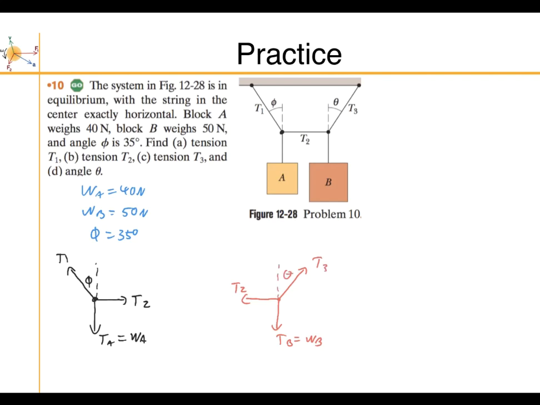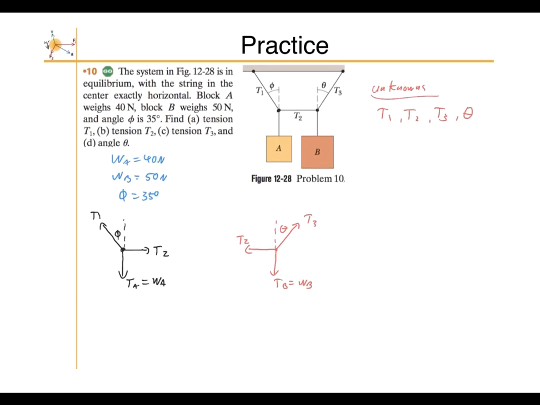So our unknowns in this case are tension 1, tension 2, tension 3, and that angle theta. So we have everything we could possibly hope for to figure it all out.